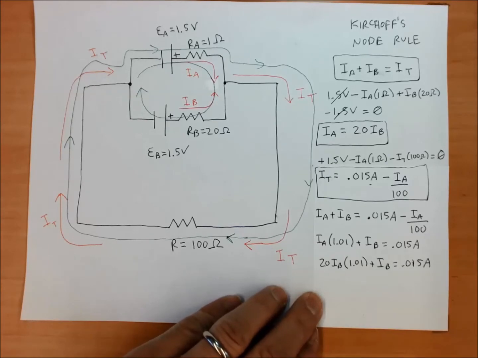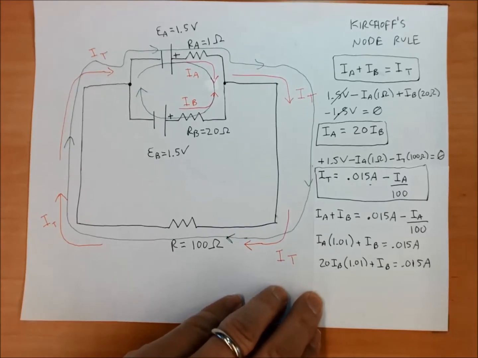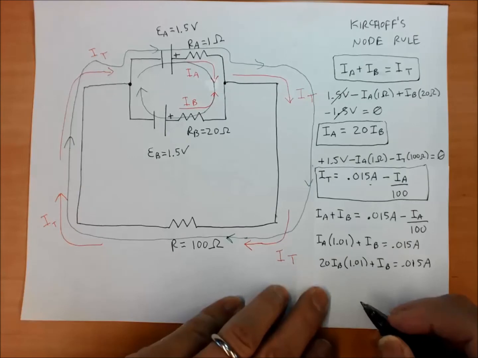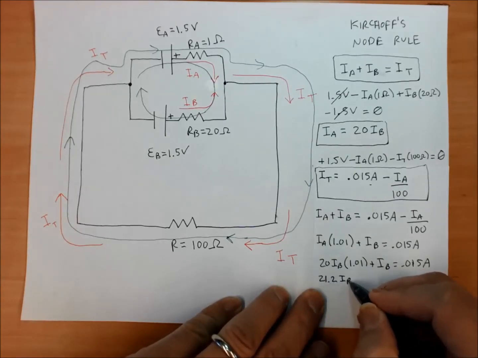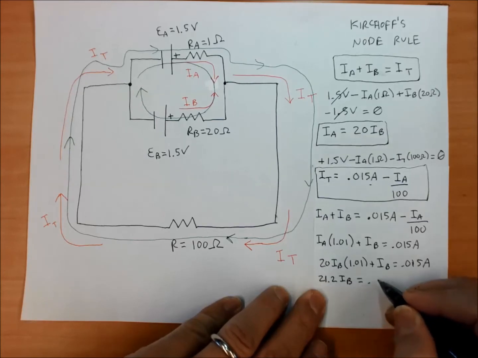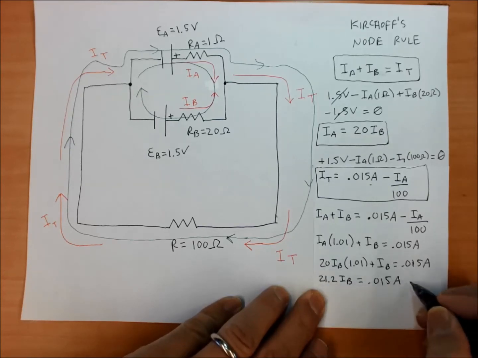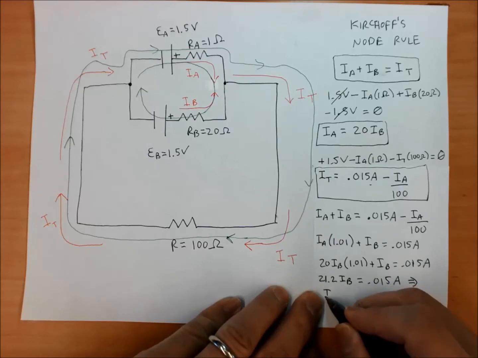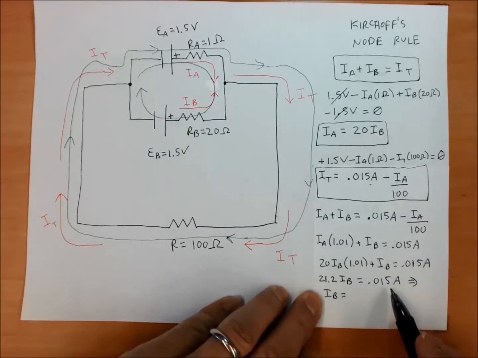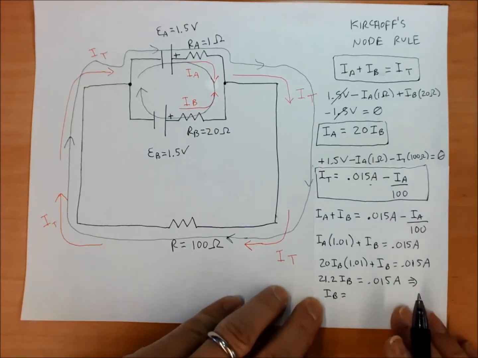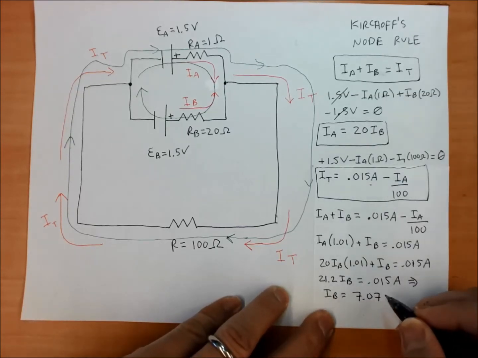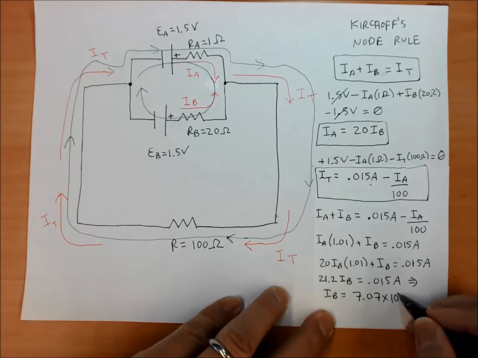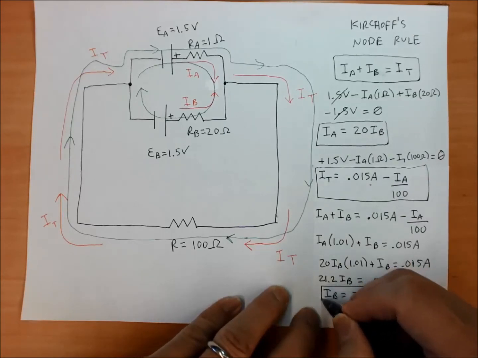Combining terms here, that gives me 21.2 I sub B is equal to 0.015 amps. And that implies that I sub B is equal to 0.015 amps divided by 21.2. And that's going to give me 7.07 times 10 to the minus 4 amps. I'm going to put a box around that.